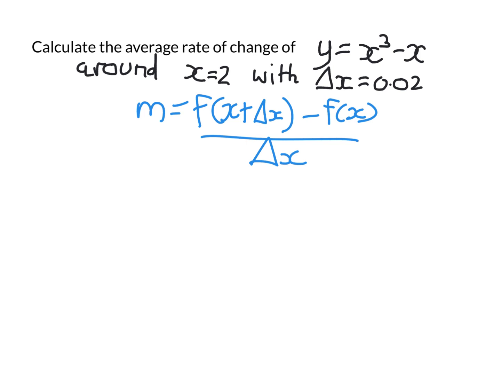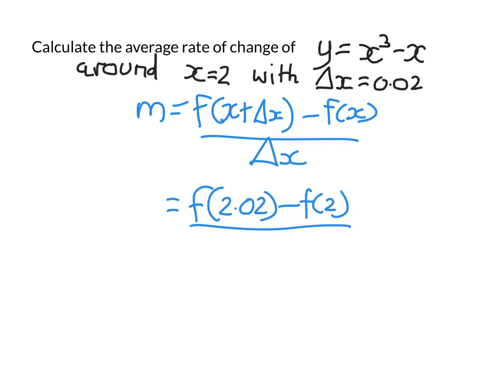So this is the formula we saw on the previous slide. So here we have f of x plus delta x, 2 plus 0.02. It's going to be f of 2.02 minus f of 2, all divided by delta x, which is 0.02. So to calculate each of these, just substitute the value into that original function.